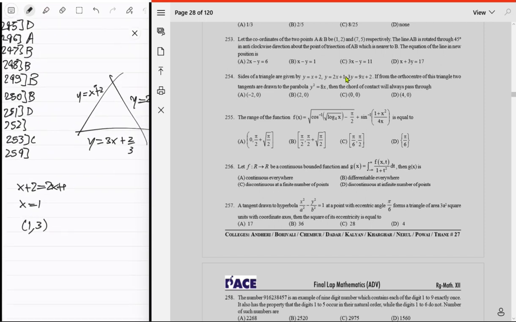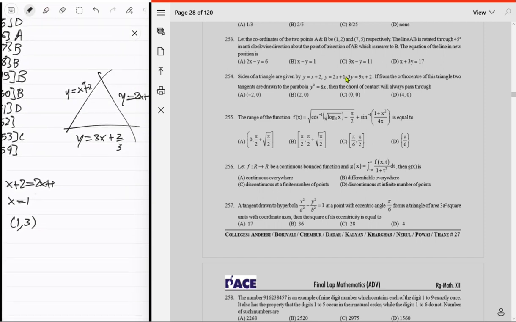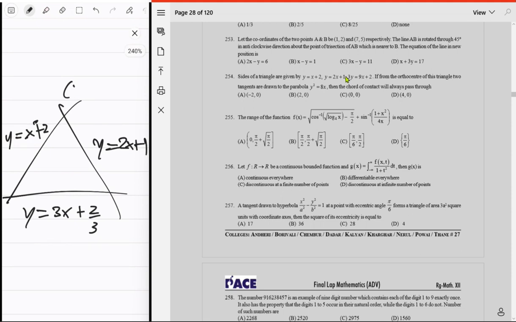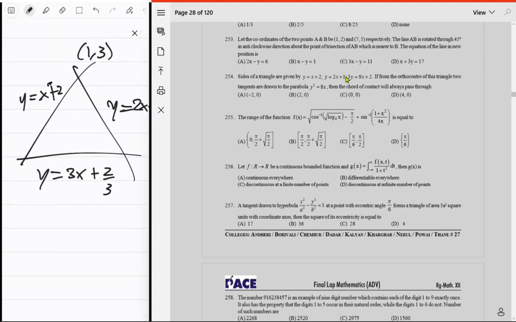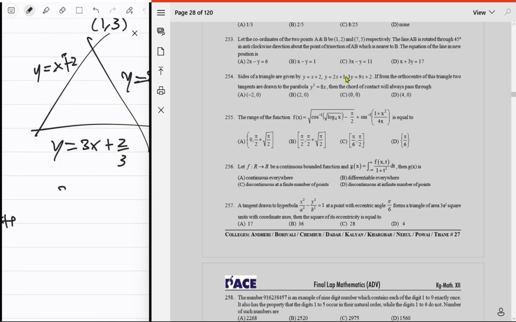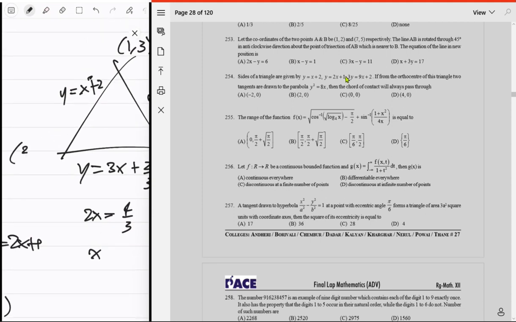So y equal to 2x plus 1 certainly gives just (1, 3). Let's figure this out: 2x is equal to 2 minus 2/3, which is 4/3. So basically x is just 2/3. Y will be 2/3 plus 2, which is 8/3.